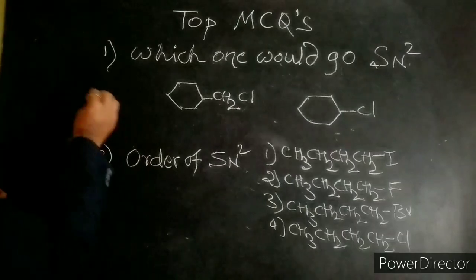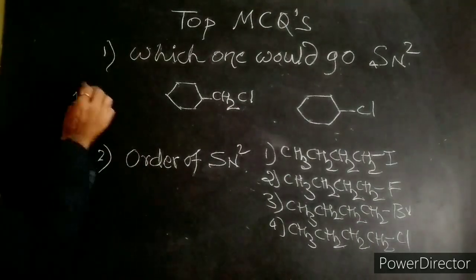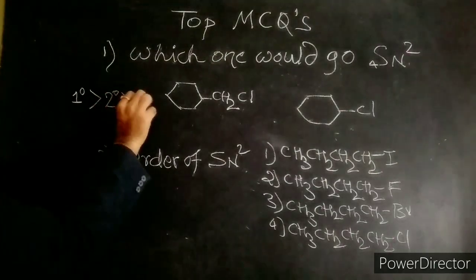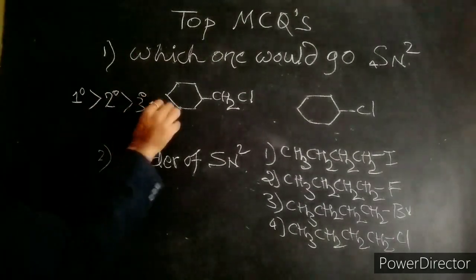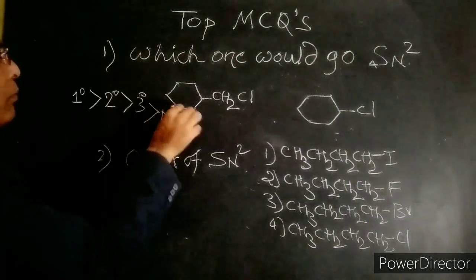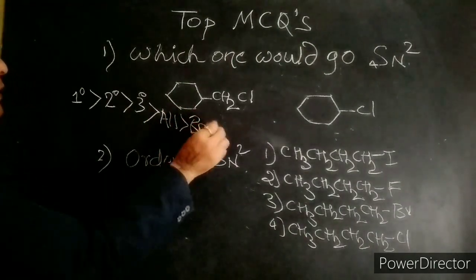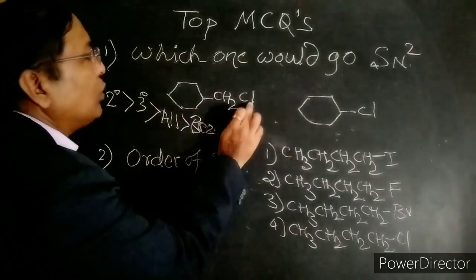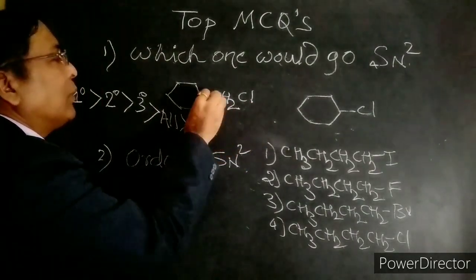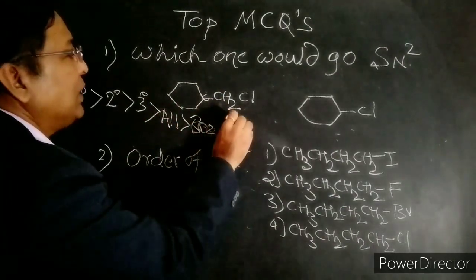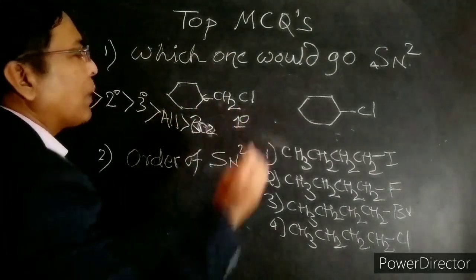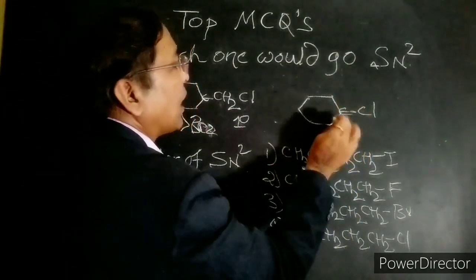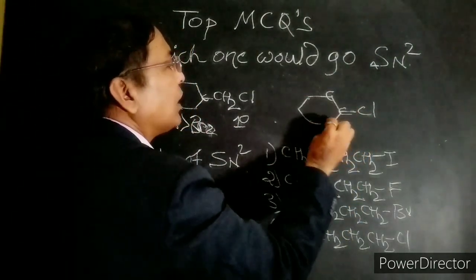We know that in SN2 reaction order, primary alkyl halides undergo very fast, then secondary, then tertiary, then allyl, then benzyl. If you see in this molecule, the halogen atom is attached to a carbon, and that carbon is attached to one more carbon. That means this compound is a primary alkyl halide. And here, the halogen atom is attached to a carbon which is attached to two other carbon atoms.